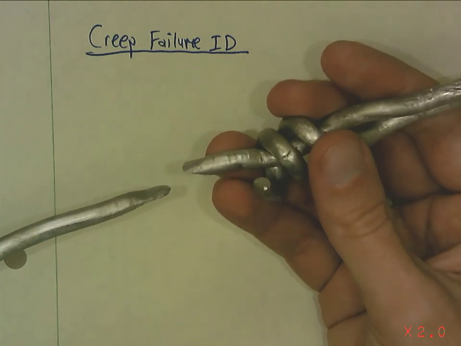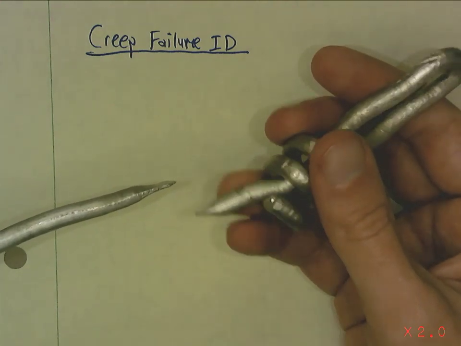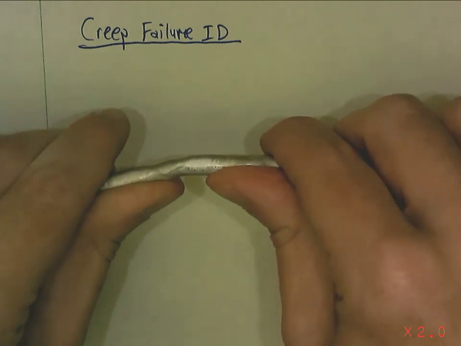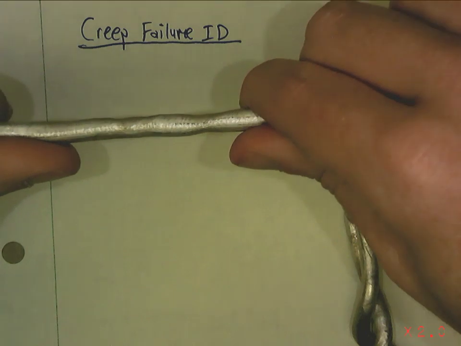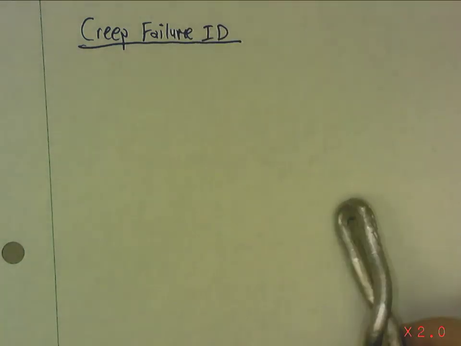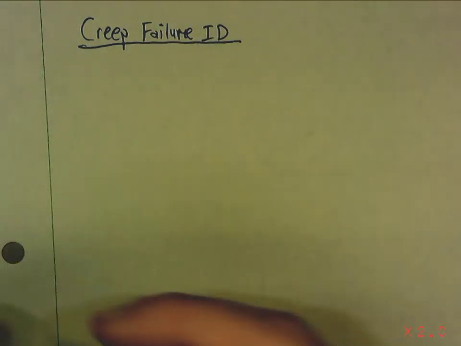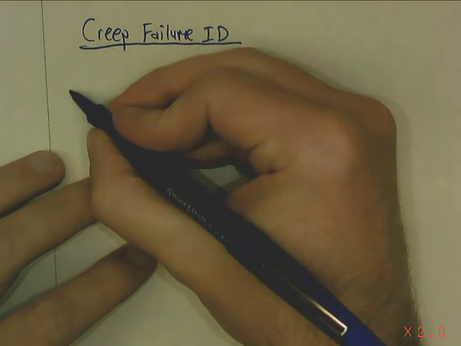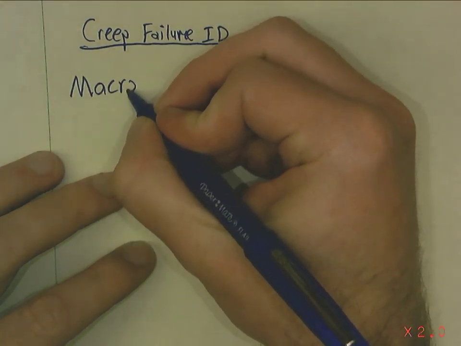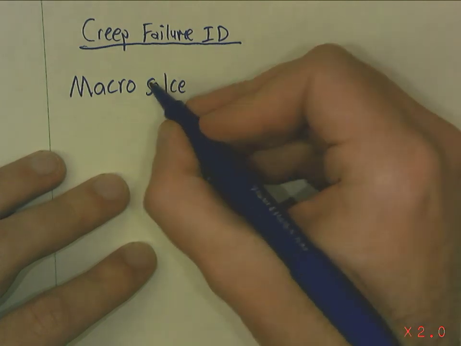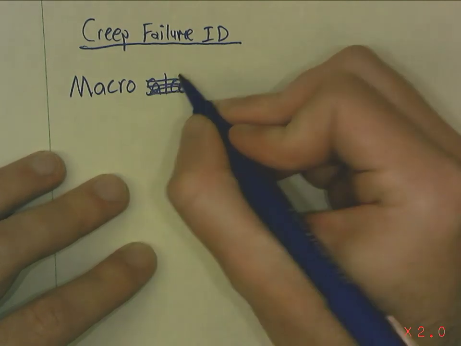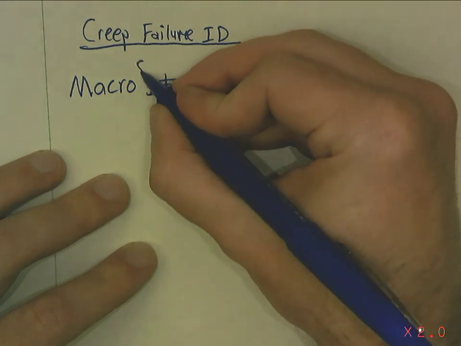So this is a very ductile failure in a very ductile material. And so on the macro scale, let's just pretend I wrote the word scale there, right?